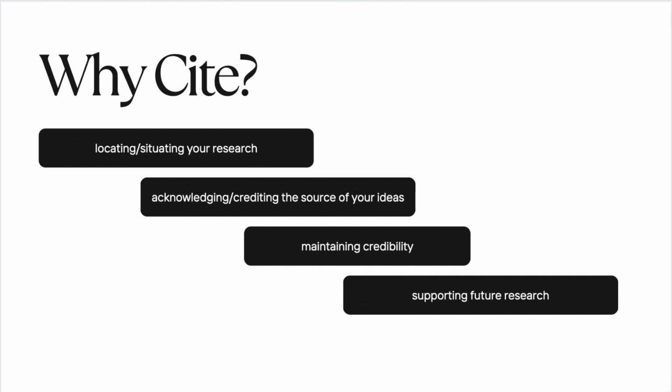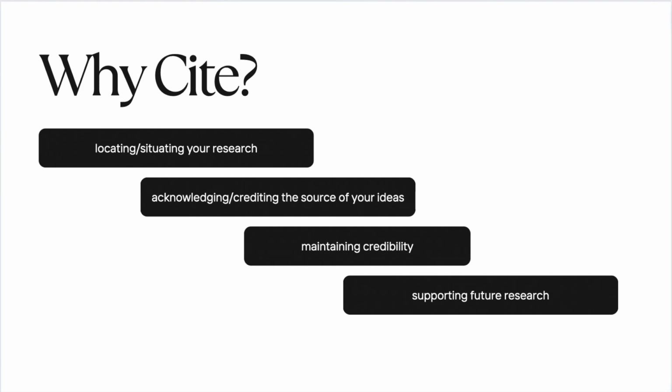And the third point is about maintaining credibility for yourself. If you want to be looked at as a credible researcher, you have to cite, you have to reference whatever you've used for your research.